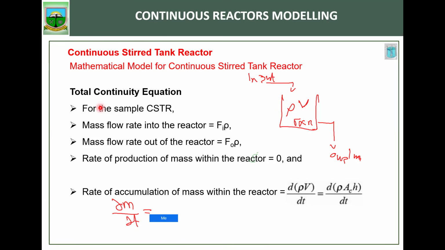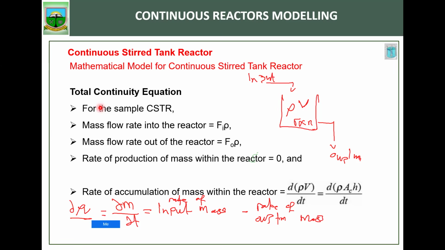We've got the input mass rate, minus the rate of output mass. We know that mass is equal to rho V. So same as this, and this one, we now write for this.